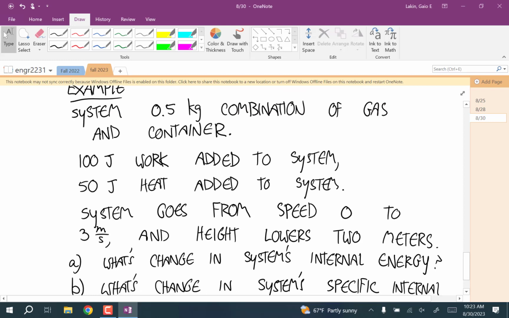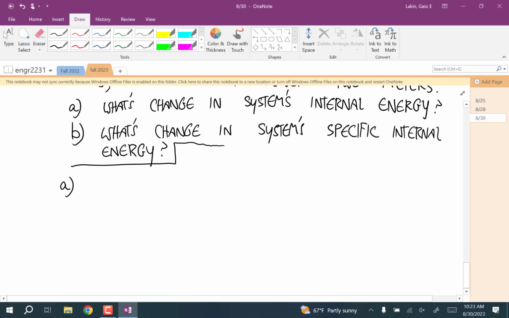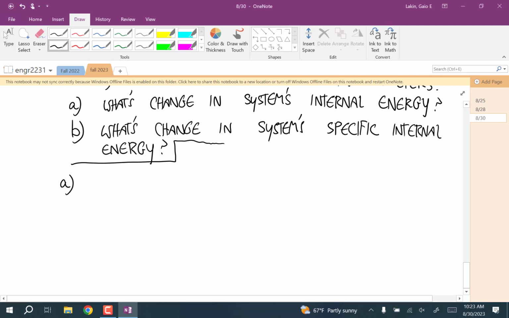Okay, well, we're going to use the first law of thermodynamics. So we're going to use the fact that the change in energy is equal to Q minus W. And often our energy is just going to be treated as the internal energy.